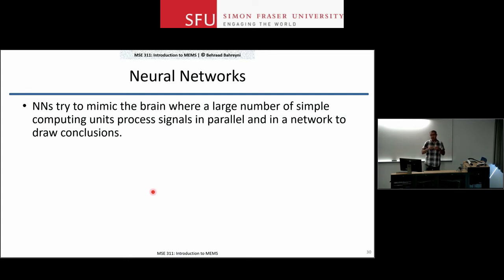But each one of these is simple, it's doing a little bit of computation, but there is a whole lot of them that are working in parallel. And the massive computation power of the brain comes from this parallel processing of the data. So for that reason, people have been trying to mimic that using computations and functions.